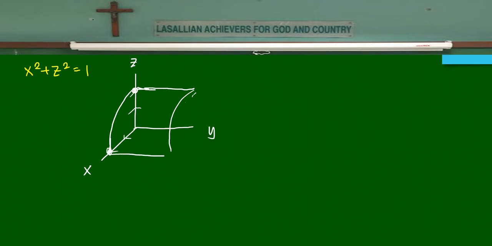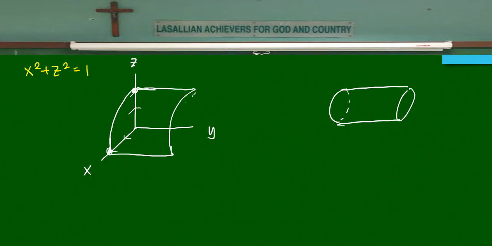And then let's just extend that here. So in the first octant, this is what's shown, but actually it's a cylinder like that, like that. But you won't be showing all of it, only the one in the first octant.